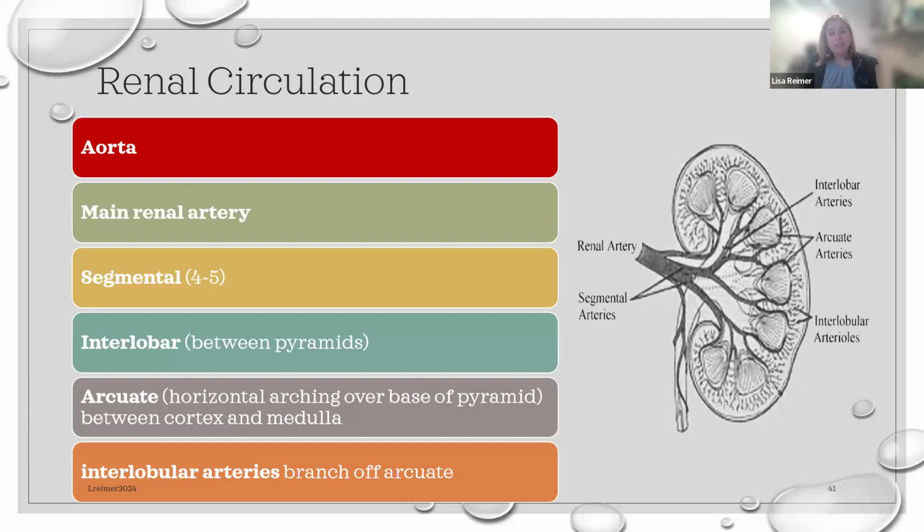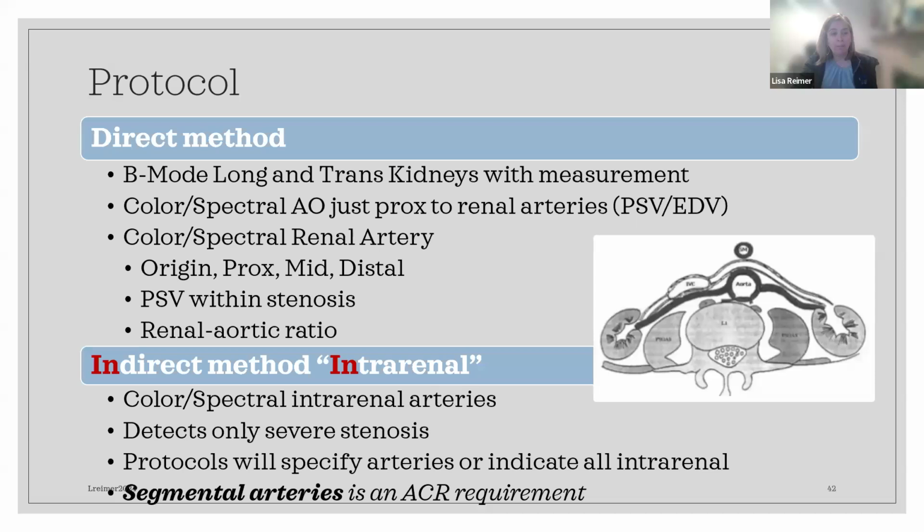And how we interrogate these vessels is very lab dependent. So I'm going to give you an overview, but your lab and what you decide to do might vary a little bit, and that's okay. So when we assess the renal perfusion, we're looking at it from 2 approaches. So there is a direct method and an indirect method. And so the direct method is the aorta and the renal artery. The indirect method is going to be the intrarenal vessels.